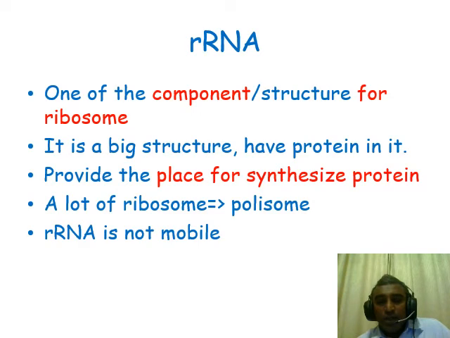The third type of RNA is ribosomal RNA, in short called rRNA. This rRNA is used to make a bigger component, referred to as the ribosome. This is the place where the mRNA will be anchored, and therefore it is used in building polypeptides.